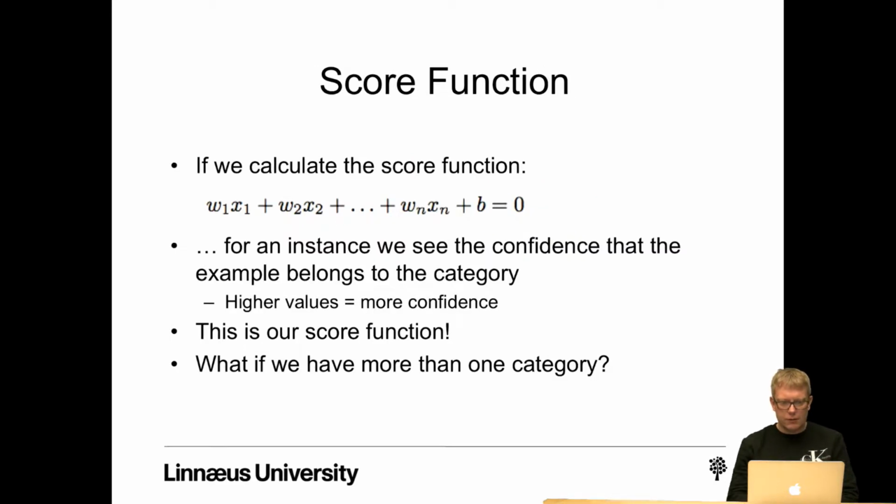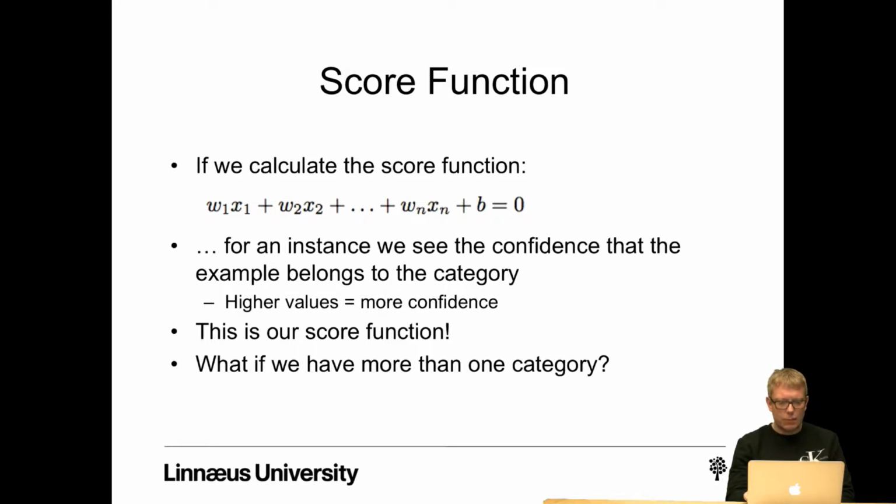If we calculate the score function, where we multiply the weights with the attributes in the input data for an input instance, we see the confidence that the input example belongs to that category. Higher values mean more confidence that it belongs to that category. And this is our score function.